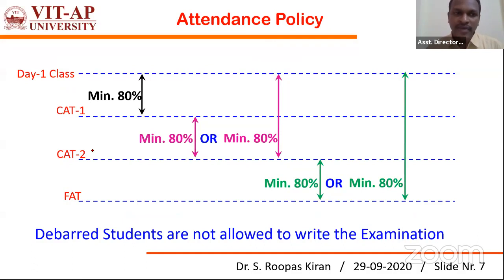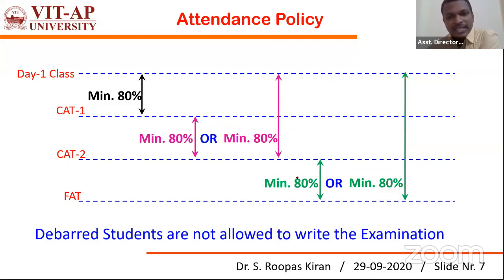For CAT 2, you must attend at least 80% of the classes from the completion of CAT 1 to just before CAT 2, or you can satisfy it from the start date of the class to just before CAT 2. You can have either of these two.